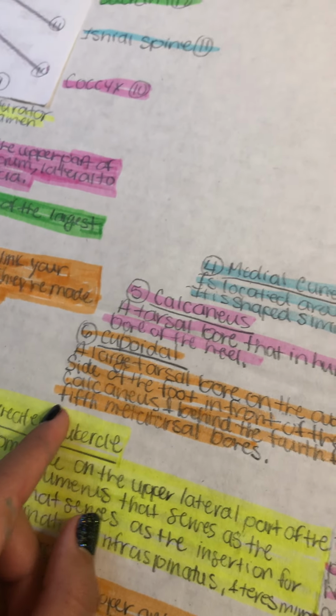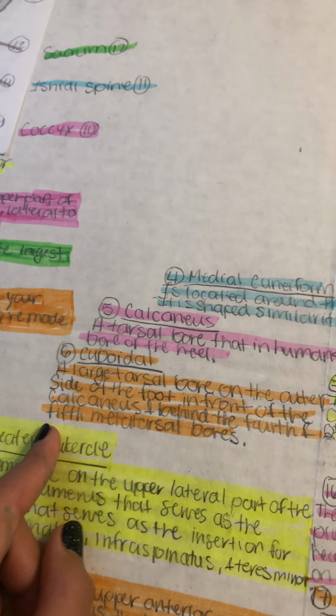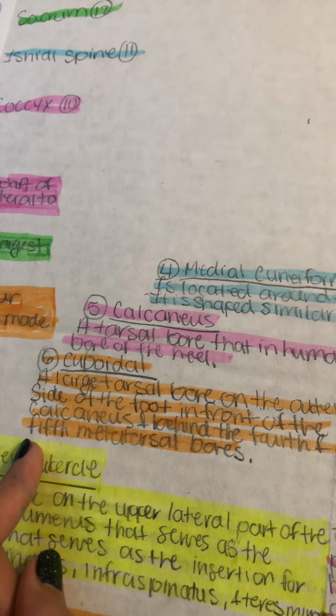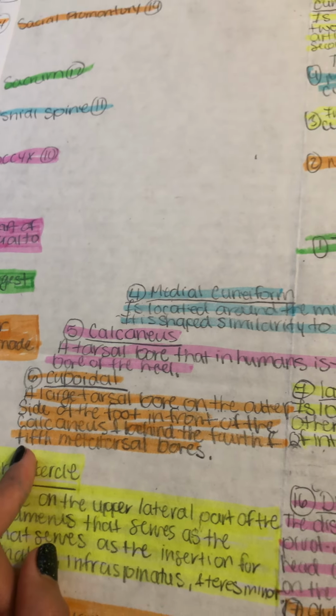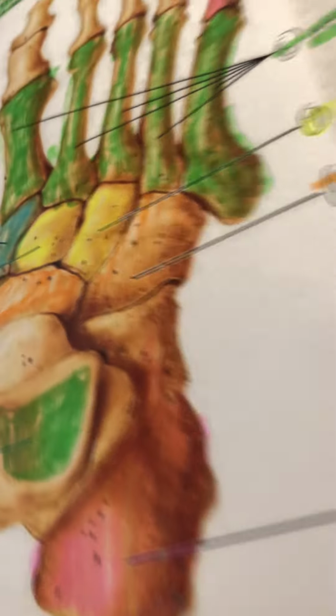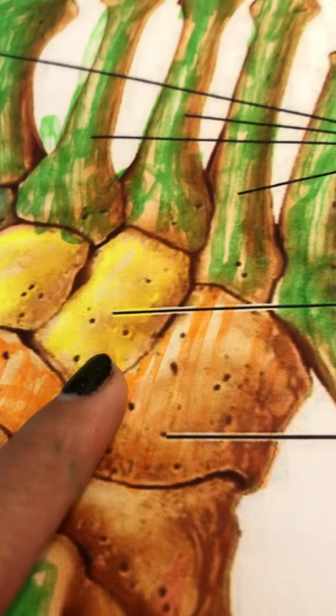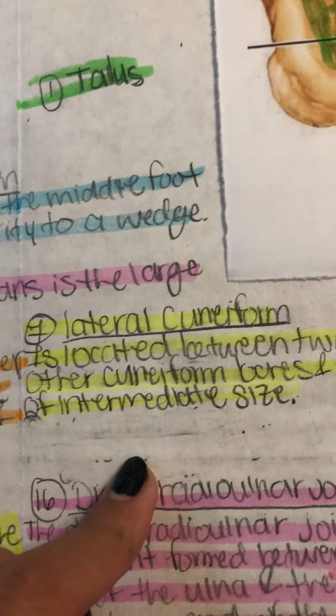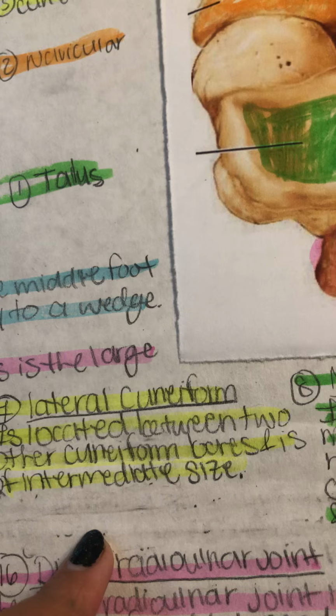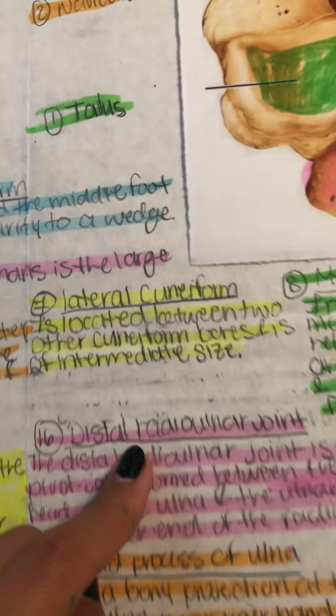The cuboid is a large tarsal bone on the outer side of the foot in front of the calcaneus and behind the fourth and fifth metatarsal bones, which goes right here. Oh wait, number seven is the lateral cuneiform, which goes right there, which is located between the two outer cuneiform bones and is intermediate size.